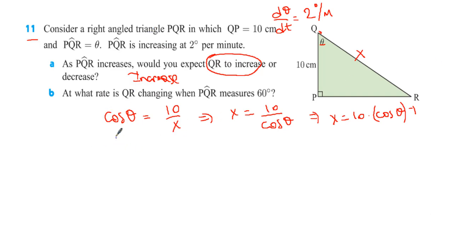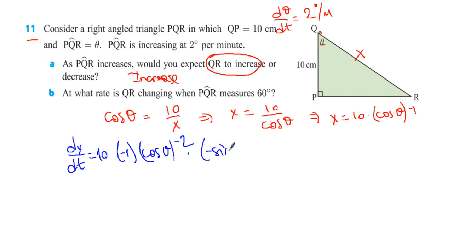So we get dx/dt equals 10 times, using the chain rule, -1 times cosine theta to the power of -2 times the derivative of the inside, minus sine theta, times d theta/dt.